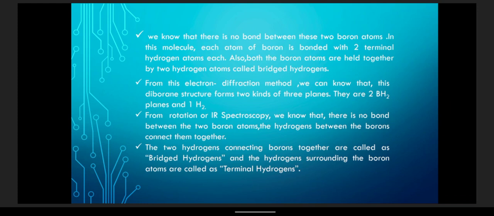From the electron diffraction method, we know that the diborane structure forms 2 kinds of planes, 2BH2 and 1H2. From rotation or IR spectroscopy, we know that there is no bond between the boron atoms, and the hydrogens between the borons connect them together. The 2 hydrogens connecting the borons together are called bridged hydrogens, and the hydrogens surrounding the boron atoms are called terminal hydrogens.